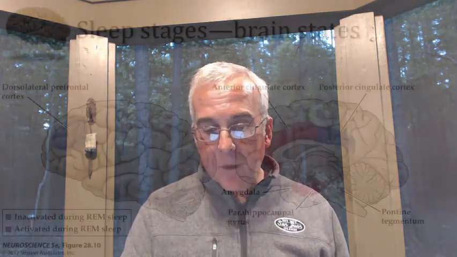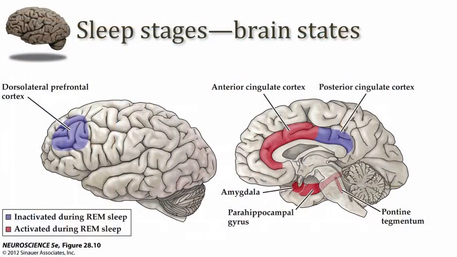So the cerebral cortex is in this desynchronized state, and electroencephalographically that is high frequency, low amplitude brain waves. But when we look at the brain with imaging methods, we know that there are some really interesting features of blood flow that suggests that certain parts of the brain actually have increased activity over resting conditions, whereas others have decreased activity.